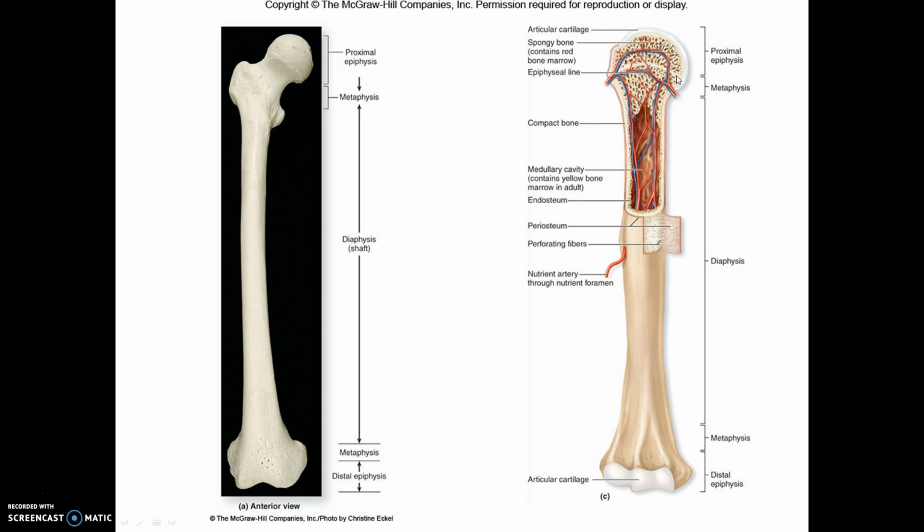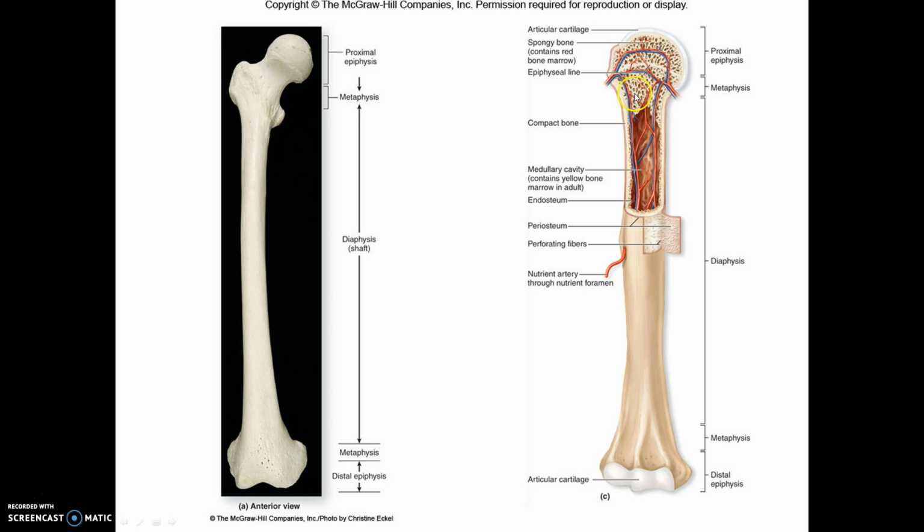We don't see it in this image here, but in growing children, the epiphyseal plate is the growth plate. And after growth is completed in long bones, that hyaline cartilage layer ossifies into this epiphyseal line. So the metaphysis is the location of the epiphyseal plate, or the growth plate, and then eventually in the adult where the epiphyseal line is located.